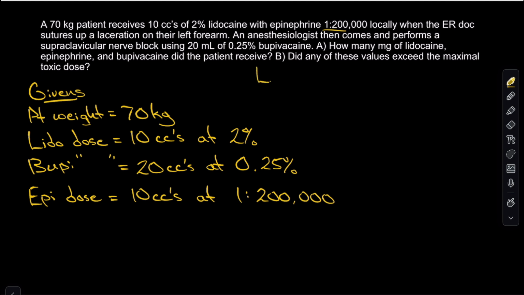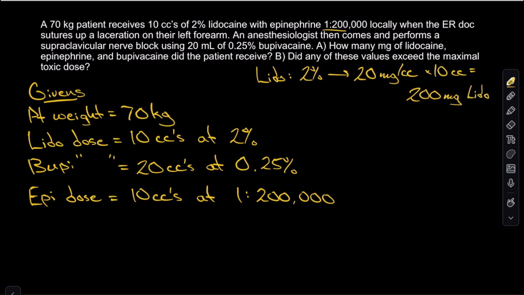So for lidocaine, 2% goes to 20 milligrams per cc, and then we said 10 cc's, so times 10 cc's equals 200 milligrams lido.